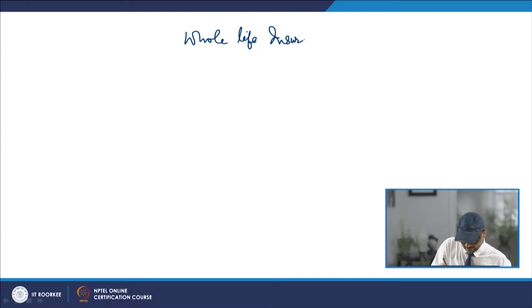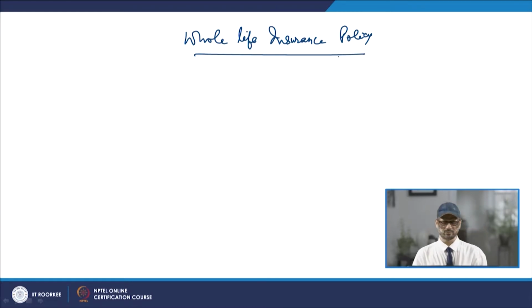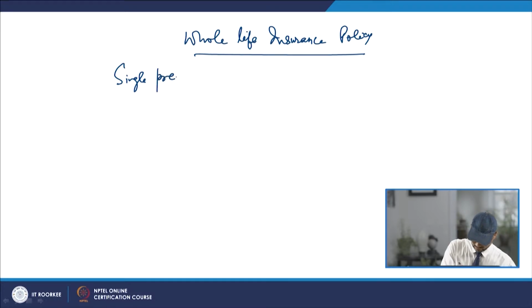So, if you calculate for the whole life insurance policy in the case of a single premium, the net single premium is, suppose, Ax.